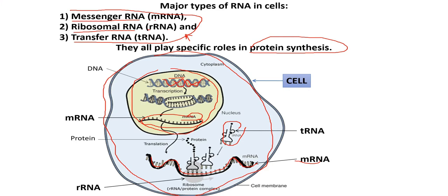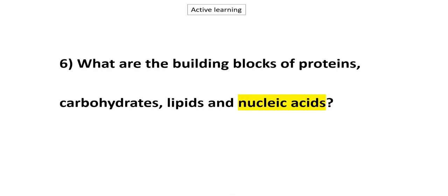And we will have ribosomal RNA. This is the ribosome, and it will have RNA. And they are all again very important for protein synthesis. This is a chain of amino acids being synthesized inside of the cell. So by now you need to be able to answer what is the building block of the nucleic acid.